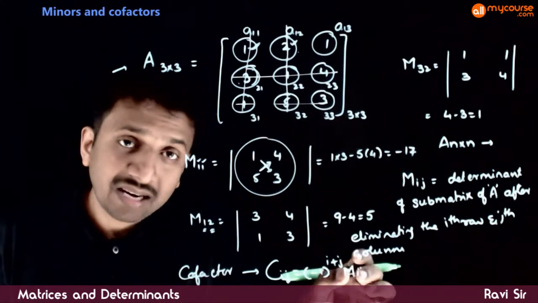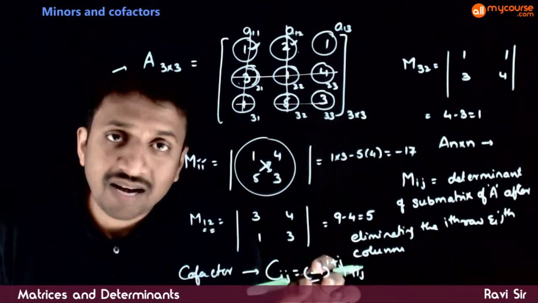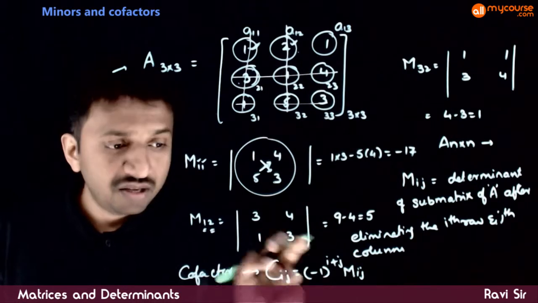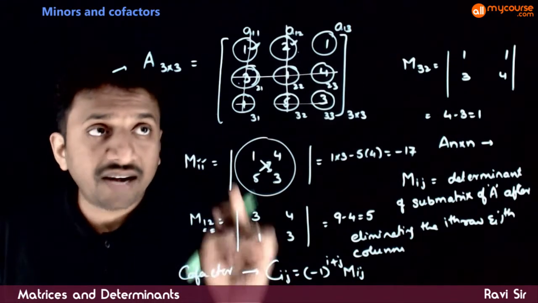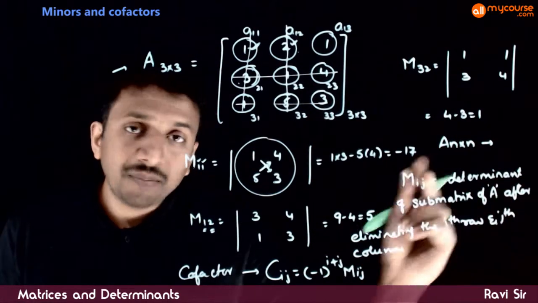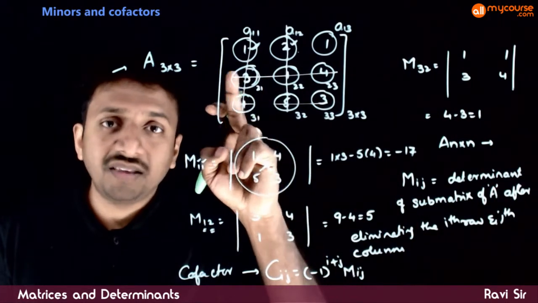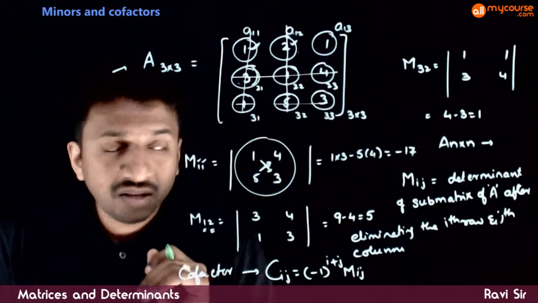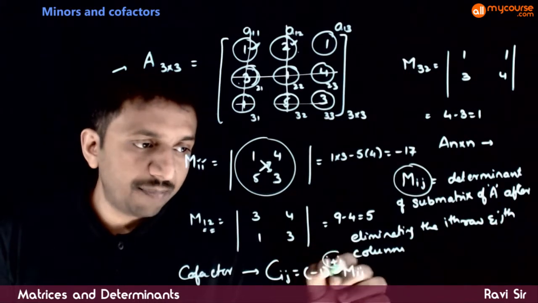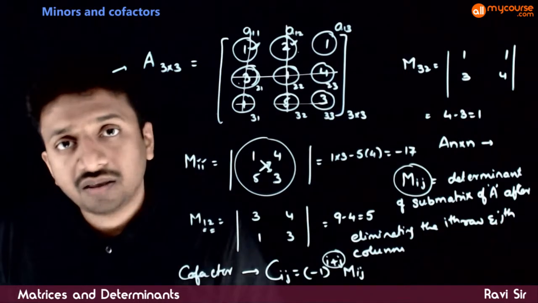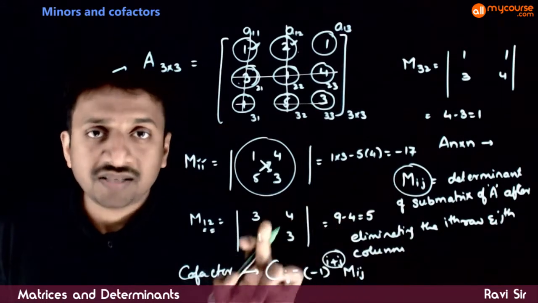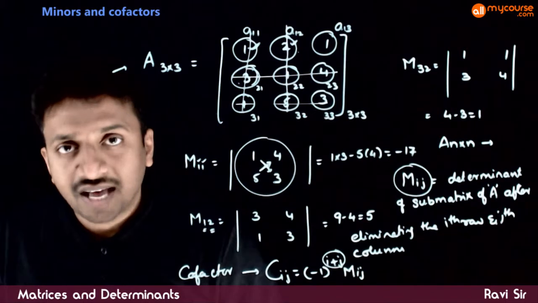The minor corresponding to the ijth element, if you multiply it with (minus 1) to the power i plus j, you get a number which is called the cofactor of that particular position. Minor is just the determinant of the submatrix after eliminating the corresponding row and the corresponding column. And if you multiply Mij with (minus 1) to the power i plus j, you get the cofactor corresponding to that position. So I hope you understand what minors and cofactors are.